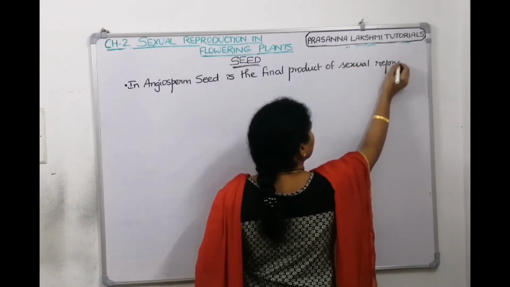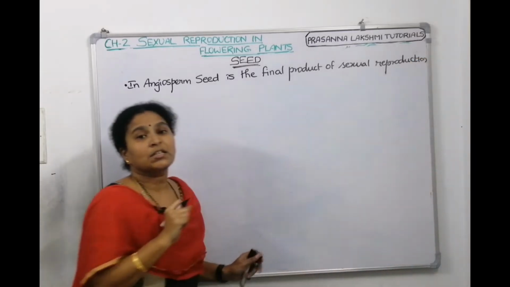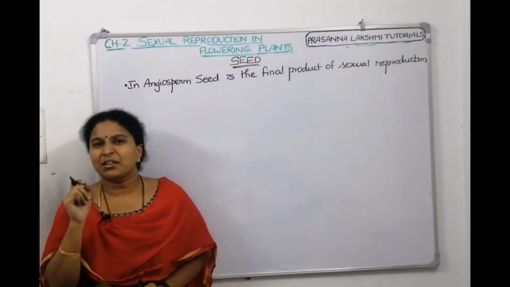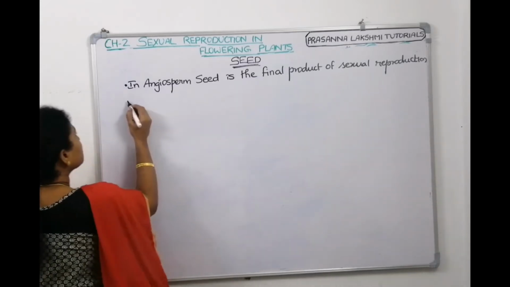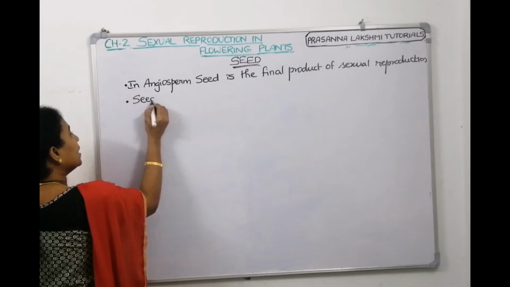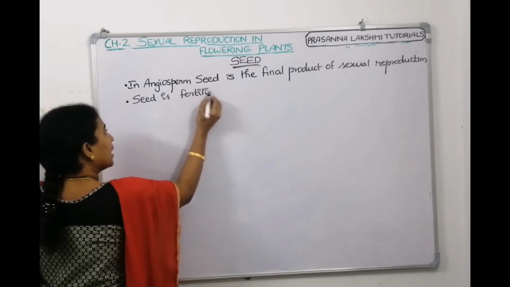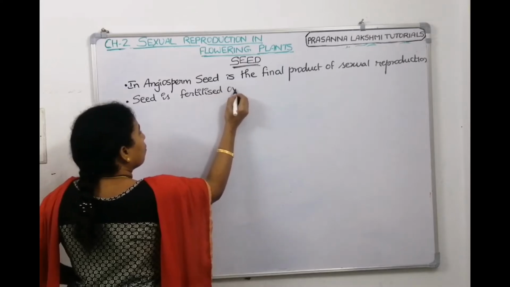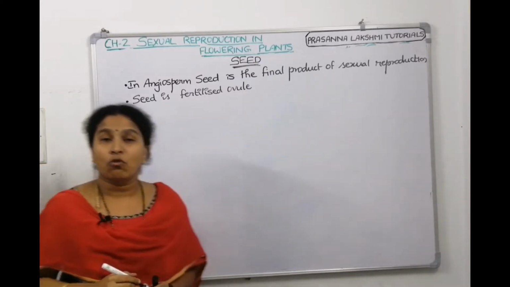Sexual reproduction. And from where is the seed formed? Seed is nothing but a fertilized ovule, ripened ovule. So our next point: seed is fertilized ovule.